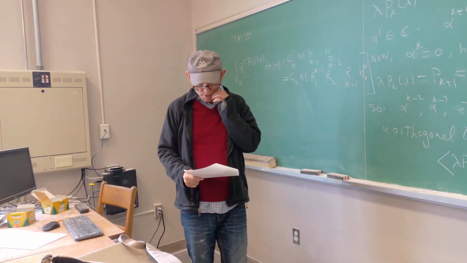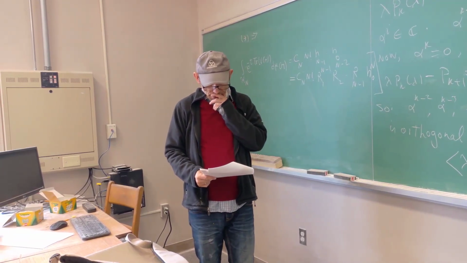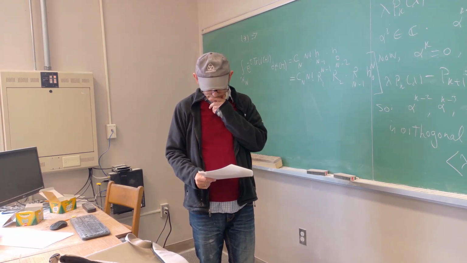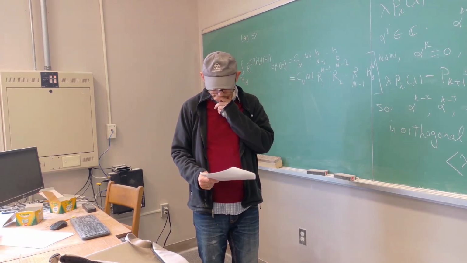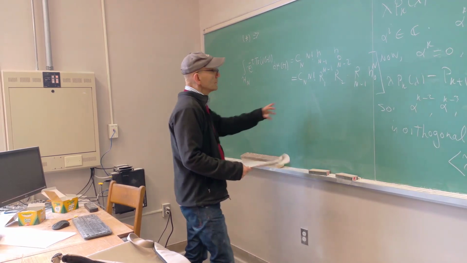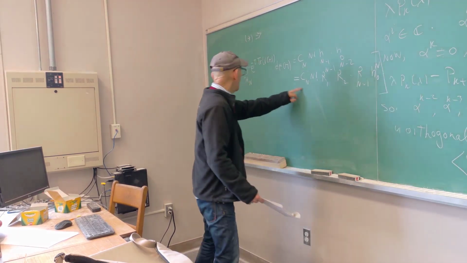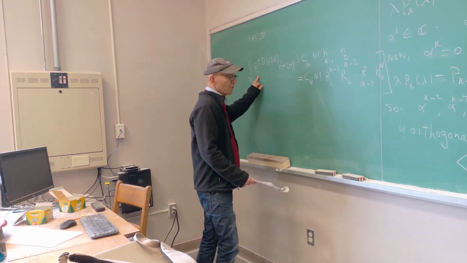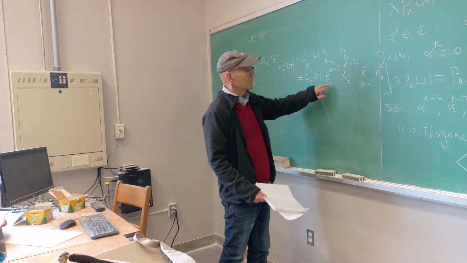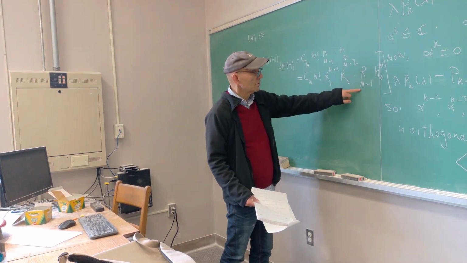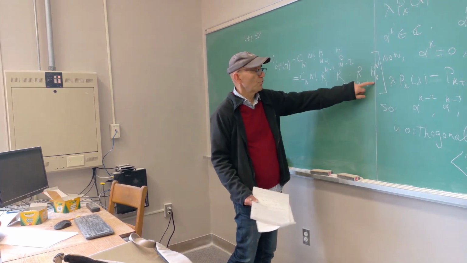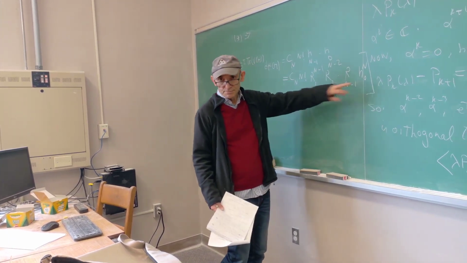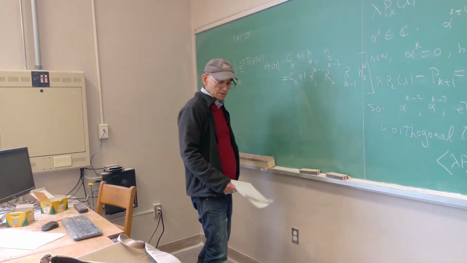Okay, so this shows that the partition function can be calculated in terms of R1, R2, and so on. And there's only one unknown, which is h0, the length of the first vector.